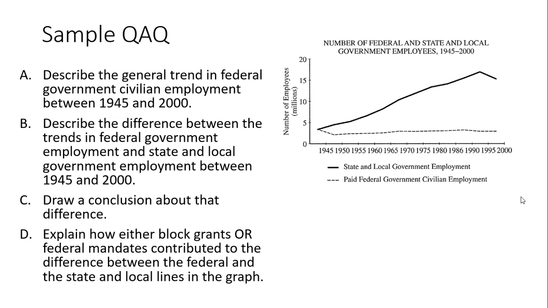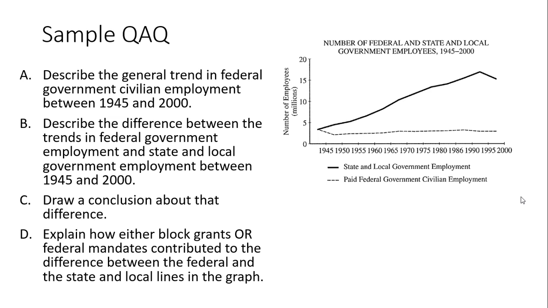Now let me pause before I show you some sample responses, and remind you about one of the general tips about writing FRQs. Remember, I said it's very important that you read the whole question before you begin to respond. And this one seems to prove why. It's possible that you might have, in part C, drawn a conclusion about this difference where you started to talk about block grants or federal mandates.